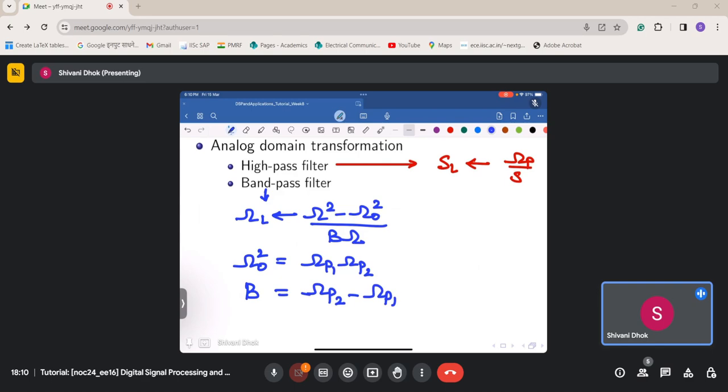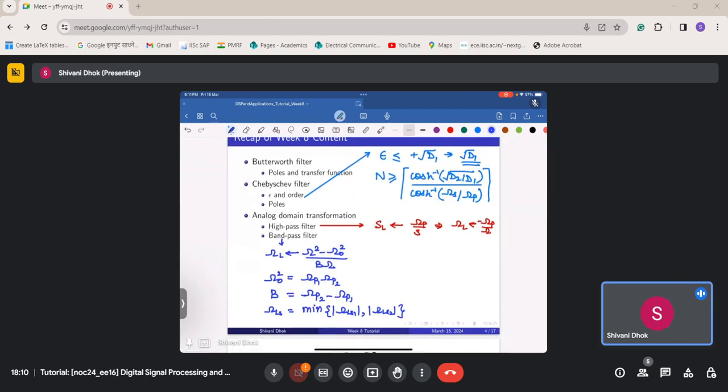And this omega ls is minimum of magnitude of omega ls1, comma magnitude of omega ls2. So this was all what was discussed in this particular week.